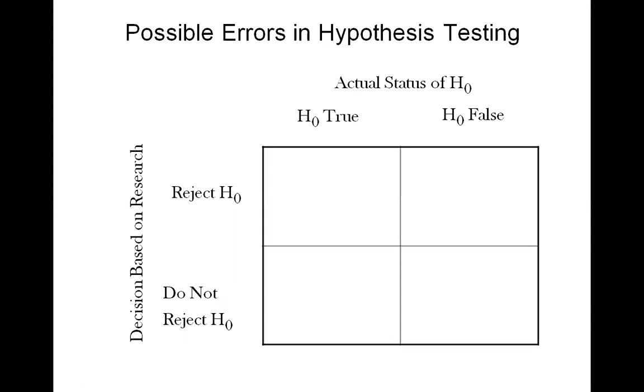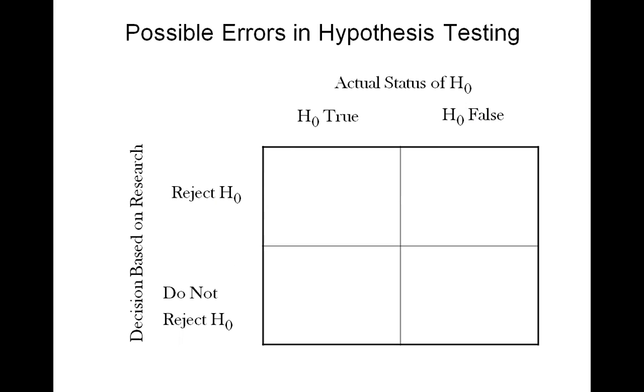If we know the reality of whether the null hypothesis is true or not, we can compare our decision and evaluate our decision to see if we have made a mistake. In reality, the null hypothesis could be true or it could be false. And your decision could be either reject the null hypothesis or not reject the null hypothesis.